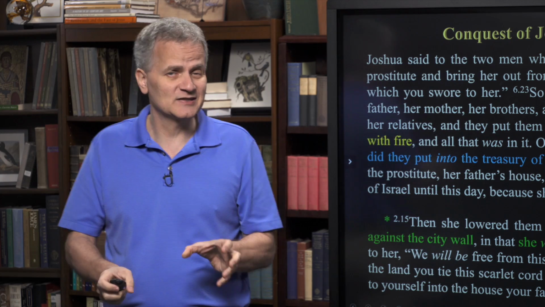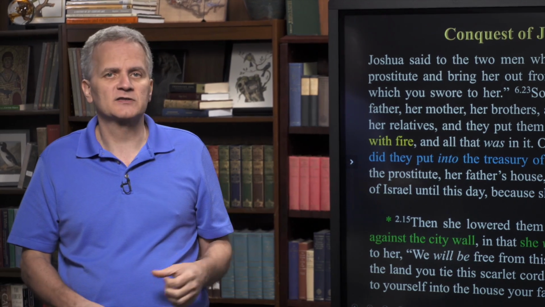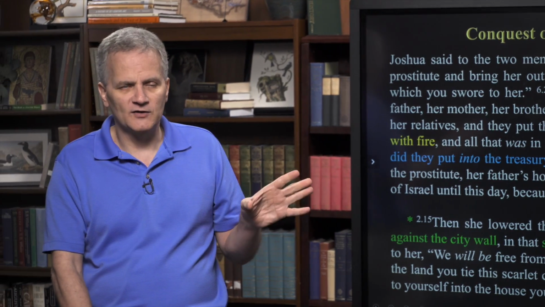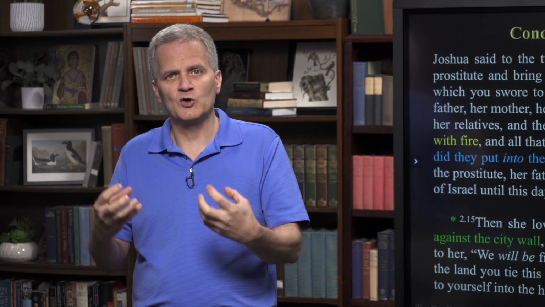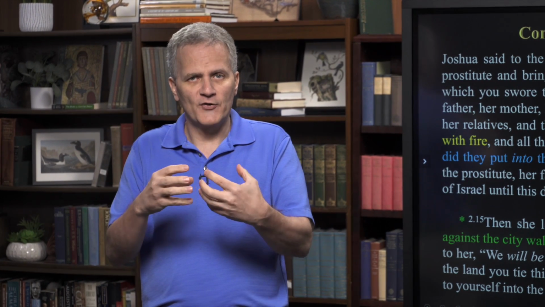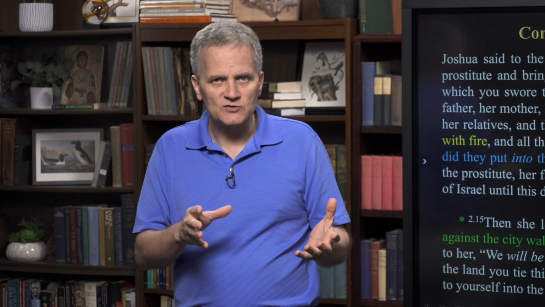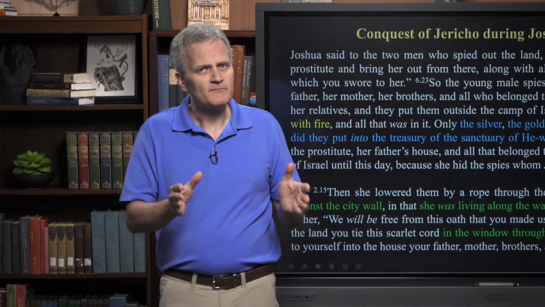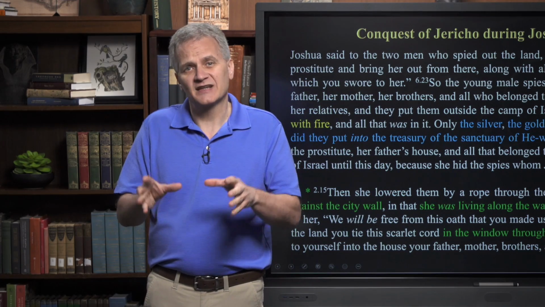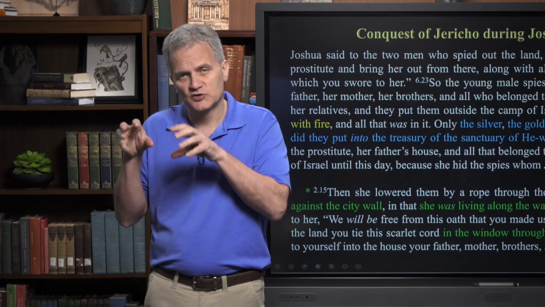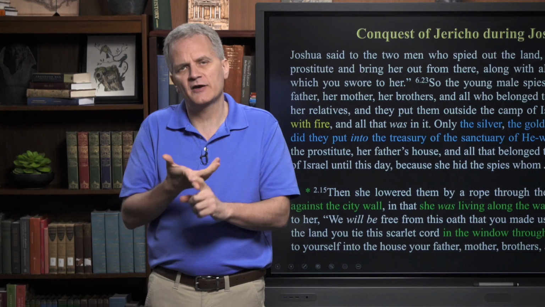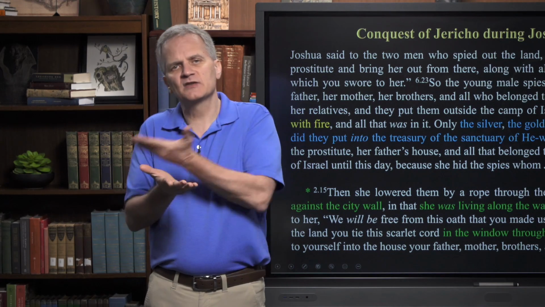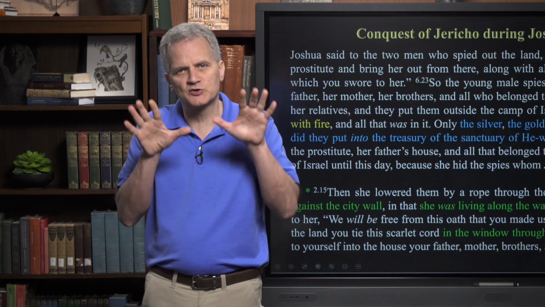Now, the one thing that we didn't talk about with this text, we can find elsewhere, not here, that there was a ban put on the other goods, the other resources at Jericho. If the Israelites captured the city of Jericho, they were to take the gold, silver, bronze, and iron objects, put them in the sanctuary, and everything else they were to burn.